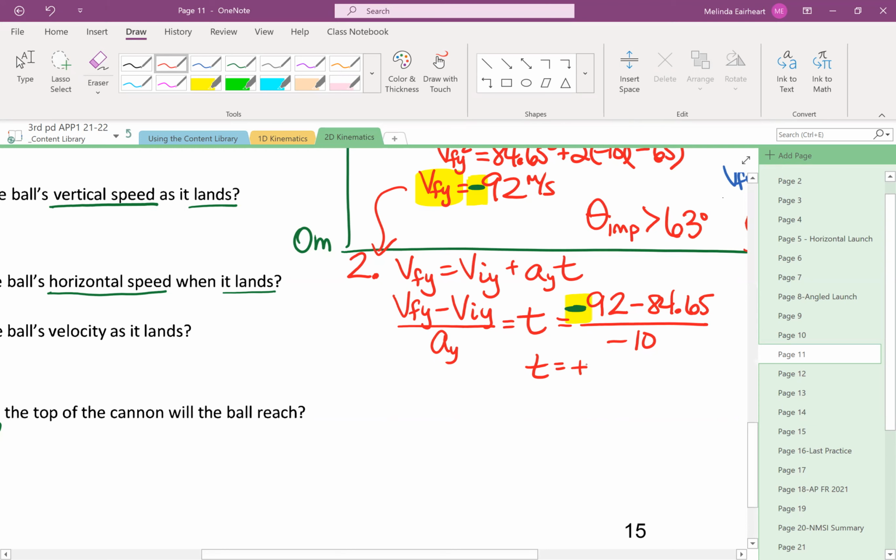And so now, calculate the time, not with quadratic, just keep holding that. What time do we get with the first equation? 17.6 seconds. All right, quadratic people, what'd you get?